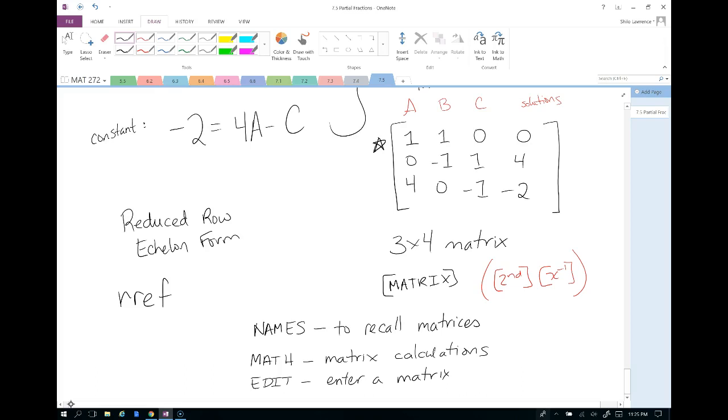So I'm going to hit option number 1 under edit, and I'm going to put my matrix in as matrix A. You need to tell the calculator what size matrix to create for you. And we have a 3 by 4. That's because this thing has 3 rows and it's got 4 columns.